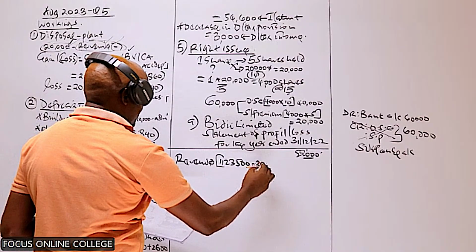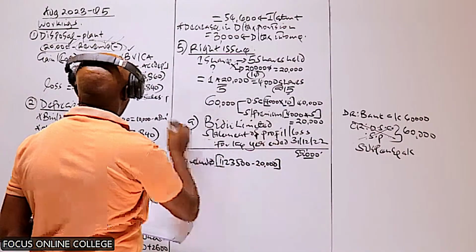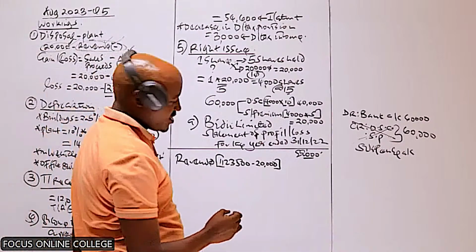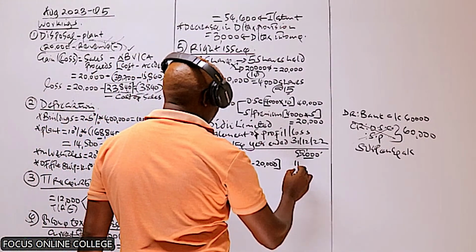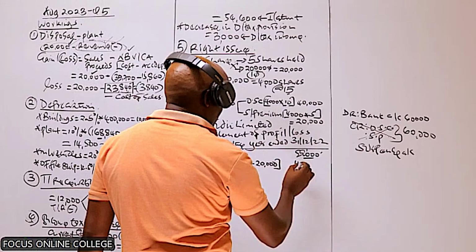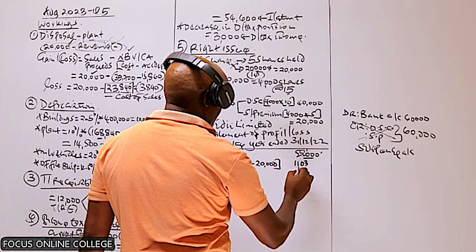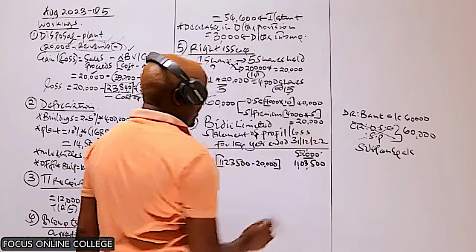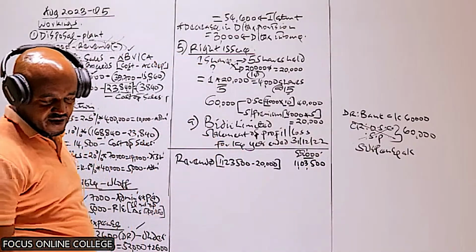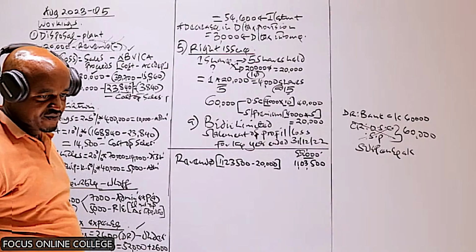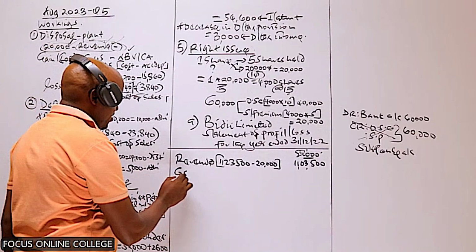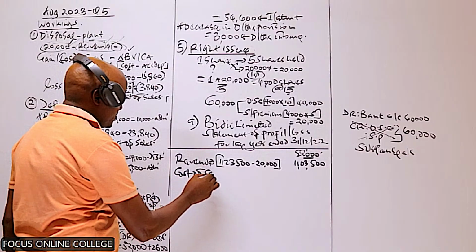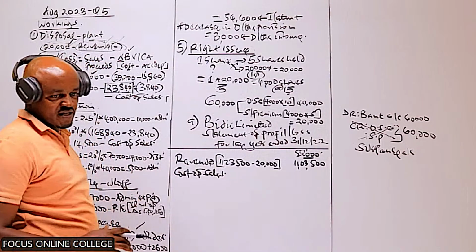To this we less the 20,000 which was included within the revenue, and this gives us 1,103,500. Is that what you're getting? If yes, please confirm.